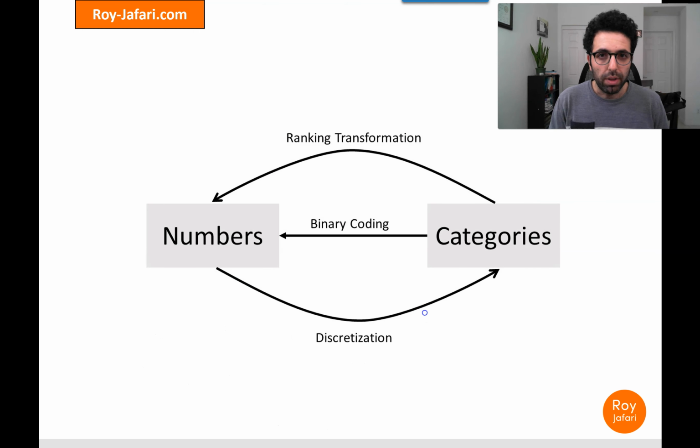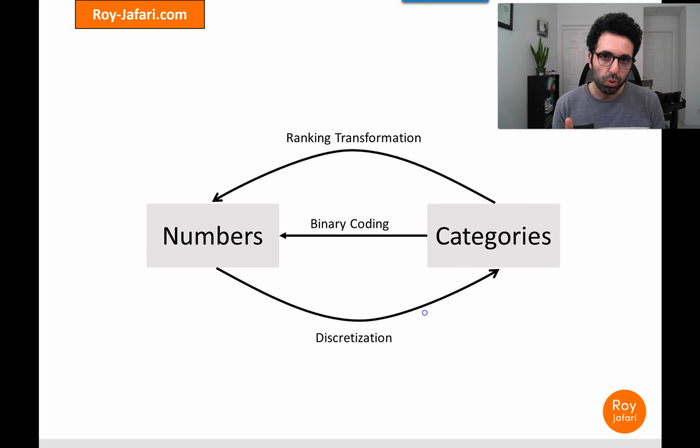Alright, so what all these 3 data transformation techniques have in common is the fact that when we want to switch between numbers and categories, or from categories to numbers, one of these 3 has to be used. If we want to move, as shown here, from categories, we have to use either binary coding or ranking transformation.